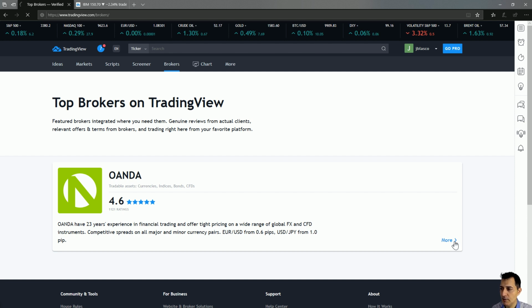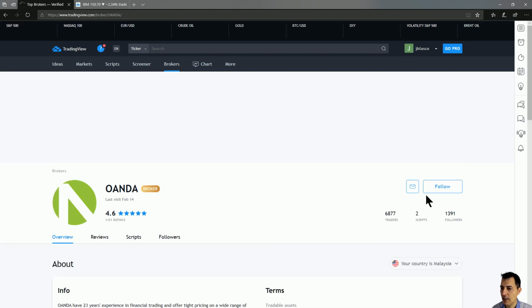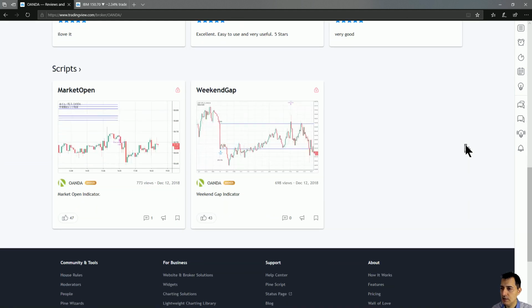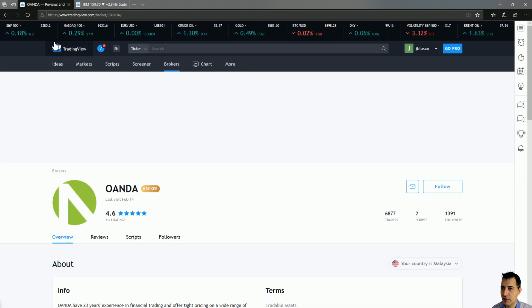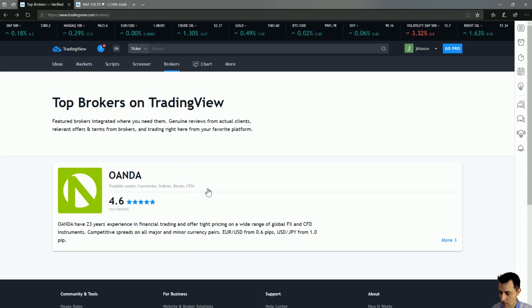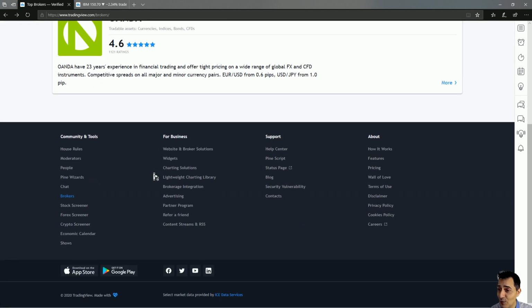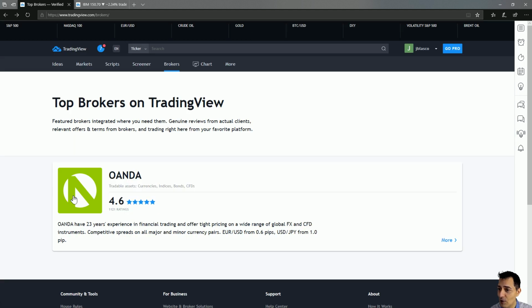But if you click more, this is only about Oanda. Wait a minute, there are many more brokers than Oanda. Interesting, it was not like that before. Normally you would have a list of all the brokers. Not sure why we only have one now.